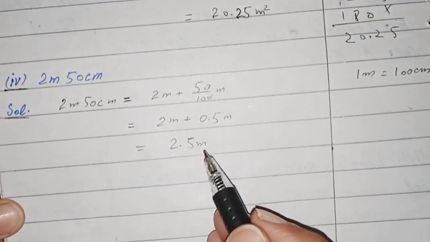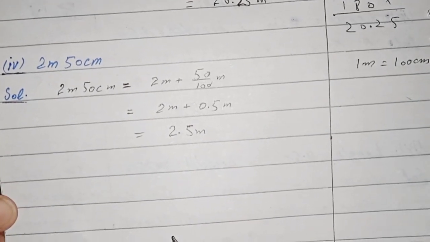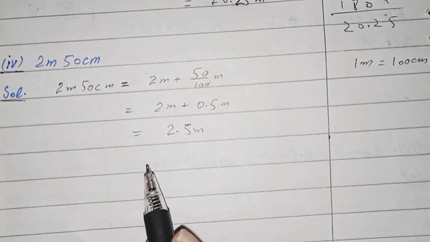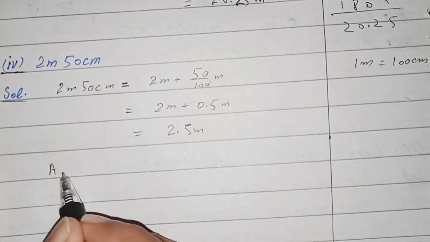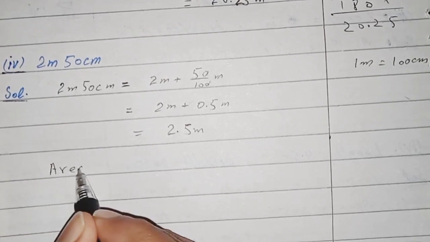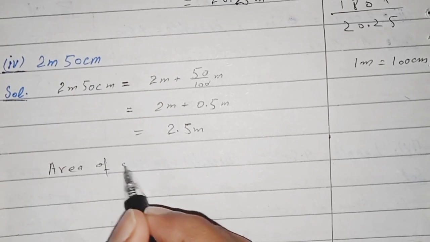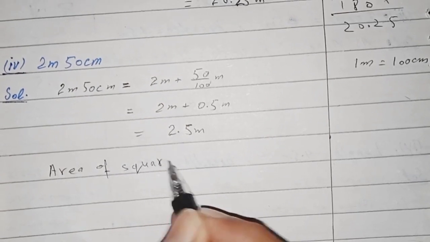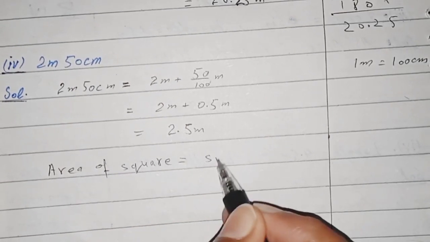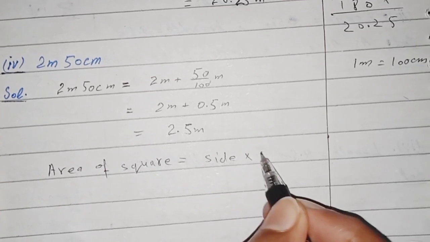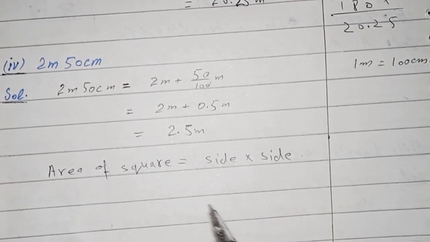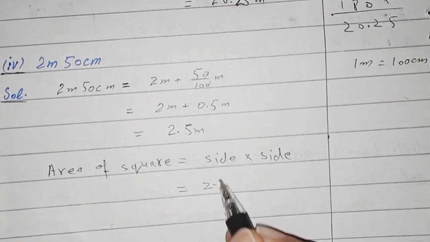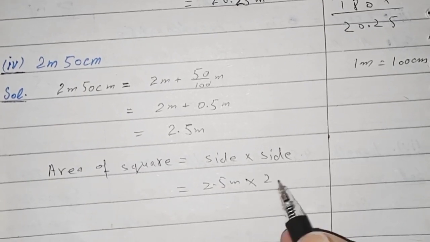To find the area, as it is the dimension of a square, we will write the formula of a square. Area of square is equal to side multiply side. So the side is given as 2.5 meter, multiply 2.5 meter.